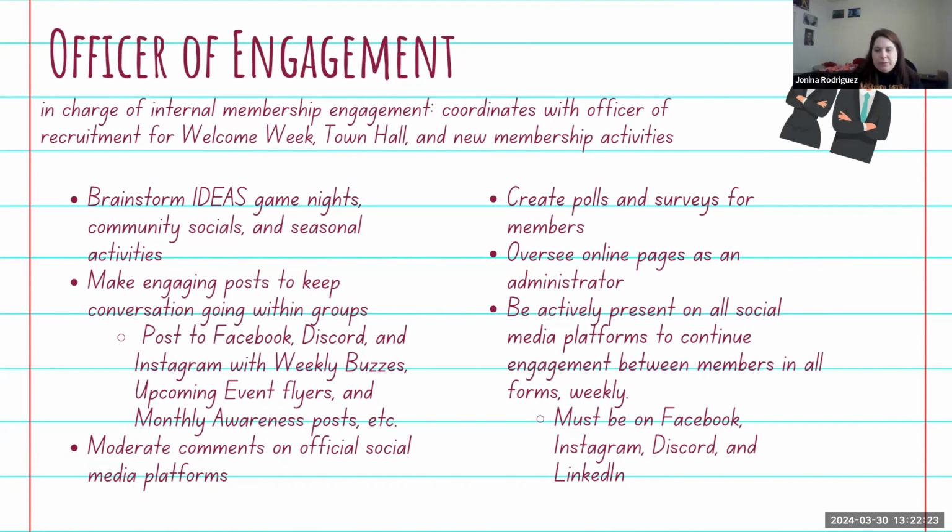Engagement means being active, carrying on conversations. If someone starts a conversation, make sure that it keeps going, or weekly buzzes, make sure that it keeps flowing so people stay engaged. And also with this role, it is required that you must be on all of our social media pages because you have to be able to engage with all of them.